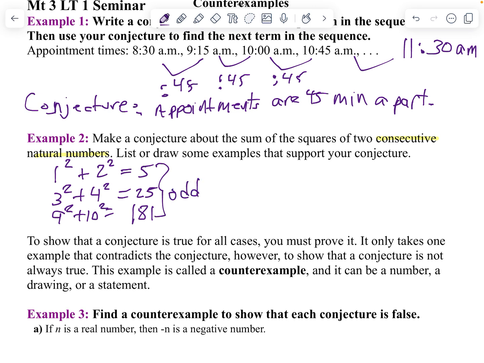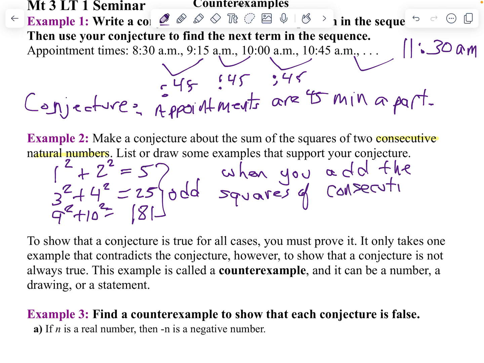So my conjecture is when you add the squares, plural, of consecutive numbers, say whole numbers, how about that? The answer will be odd.